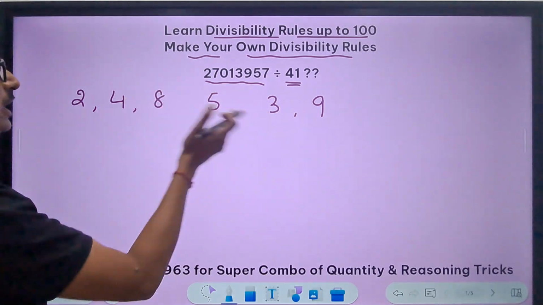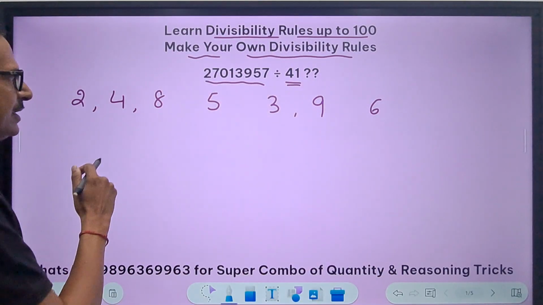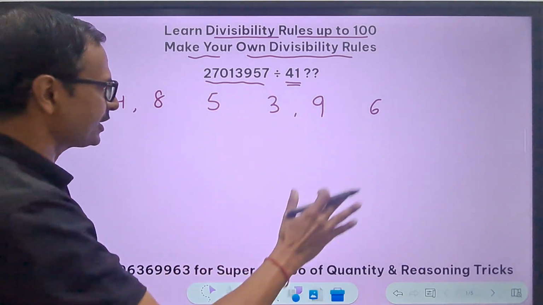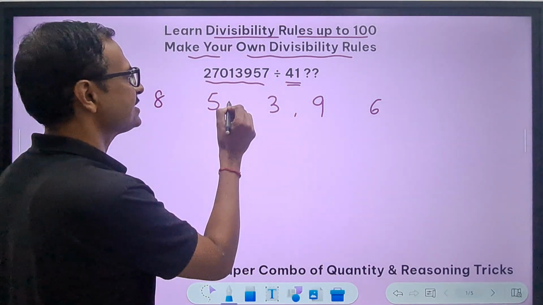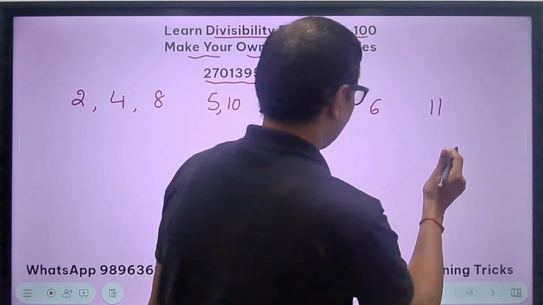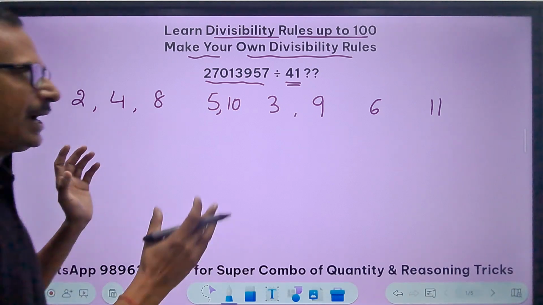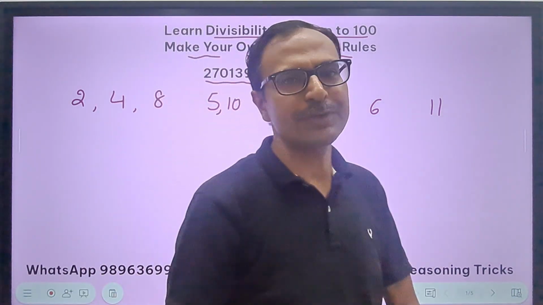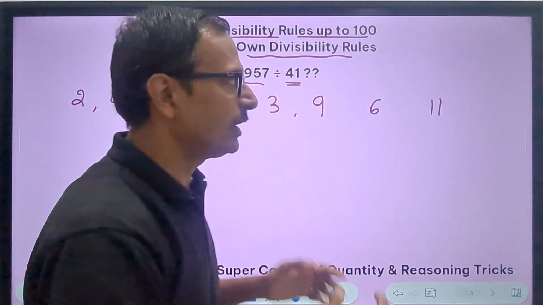Divisibility rule of 6, we all know that. 7 is never taught in school. 8, 9, 5 and 10, yes, both together. And then I think the divisibility rule of 11. Now these are the numbers whose divisibility rule you find in the textbooks at school level, and most of the students, even teachers, they know the divisibility rules of only these numbers.